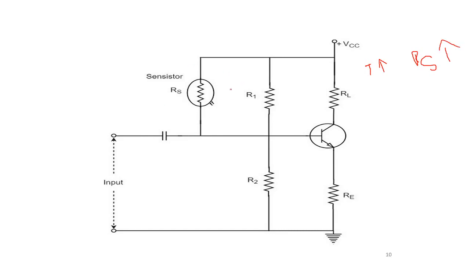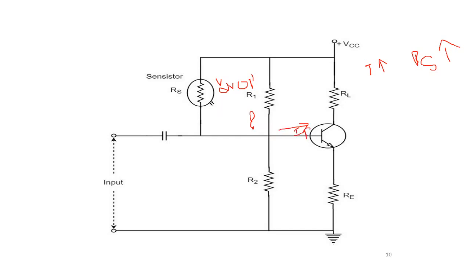Whenever the resistance is increasing, the voltage drop is going to be more. So if almost all the voltage has been dropped here, what about the voltage over here? Less voltage is going to be present across these nodes. Whenever the voltage is less, the IB current is going to be less.